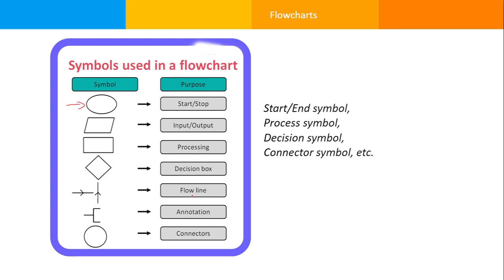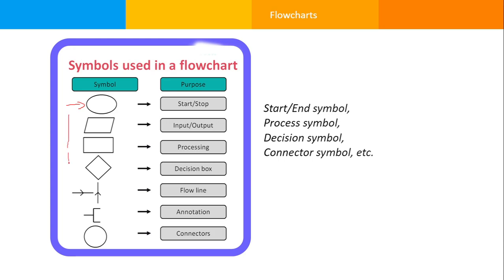Now we also have the flow line. Flow line basically determines the flow of instructions in the computer program or the algorithm you have stated. It tells, okay, from here, the program needs to move towards the next part. So let's say from the starting point, you move to the input or output part, you move to the processing, like that.